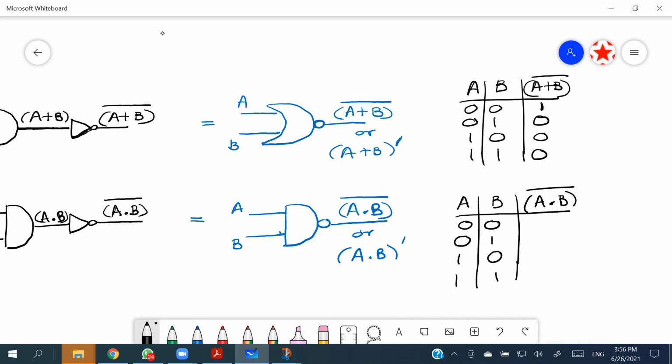Once it is inverted, it is 1. 0 into 1 is 0. Once it is inverted, it is 1. 1 into 0 is 0. Once it is inverted, it is 1. 1 into 1 is 1. Once it is inverted, it is 0. Right? Yes.